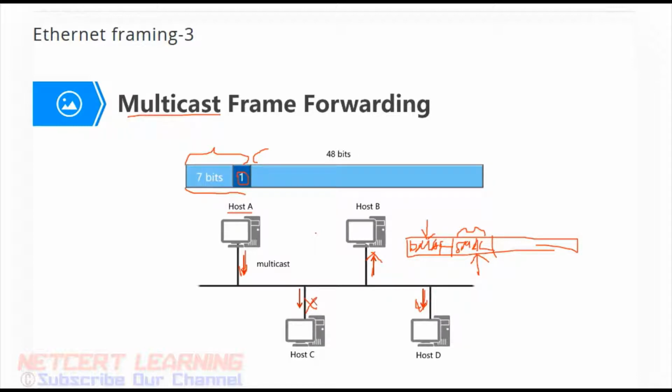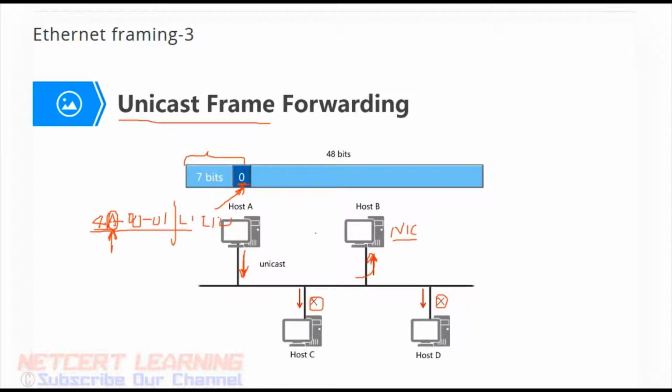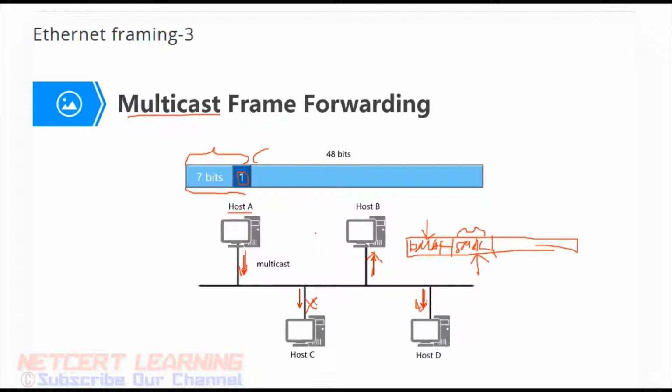The unicast frame says the eighth bit should be 0. We can see that the eighth bit should be 0 for a unicast frame, and for multicast the eighth bit should be 1. This is multicast, and we can see that for broadcast all 48 bits should be 1s.